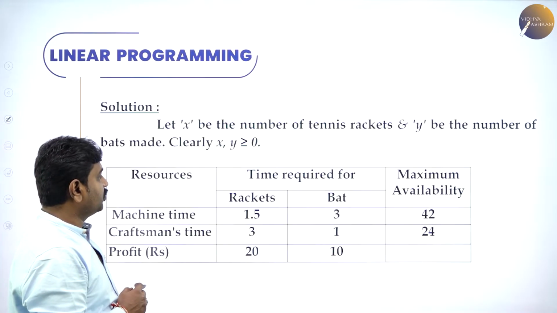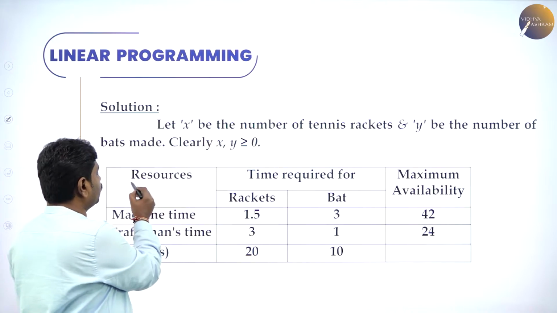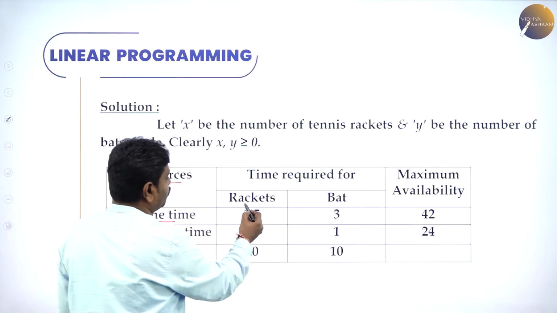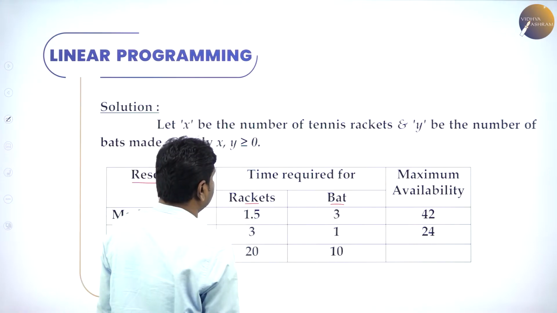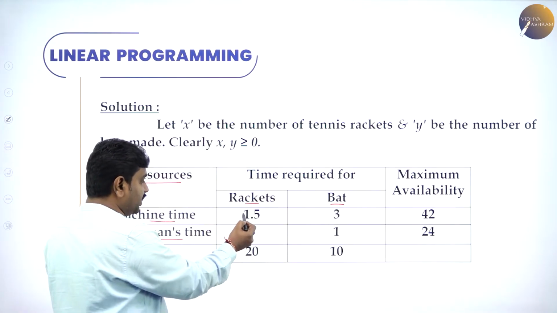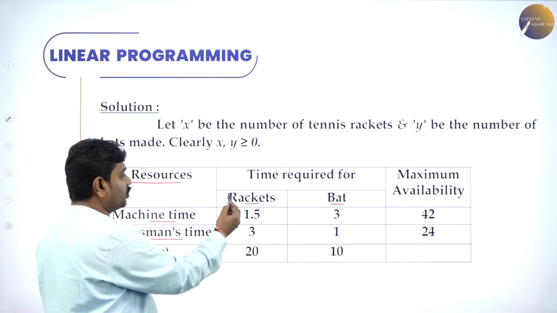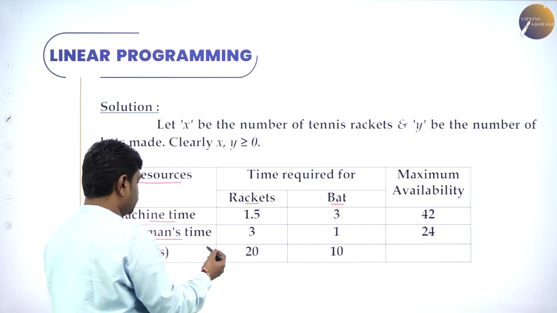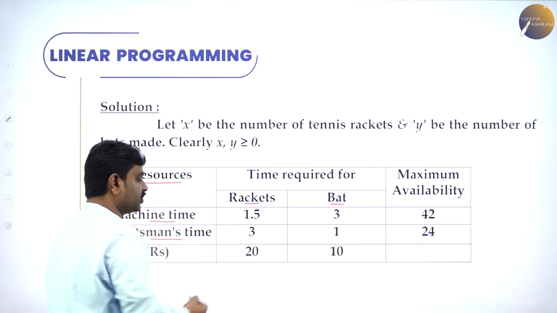So let me show you the formulation. So here resources. What are the resources? Machine time, craftsman time. And what we are producing? Rackets and bats. And when you read the question, they told it needs 1.5 hours of machine time to produce a racket and 3 hours of craftsman time to produce the same racket.